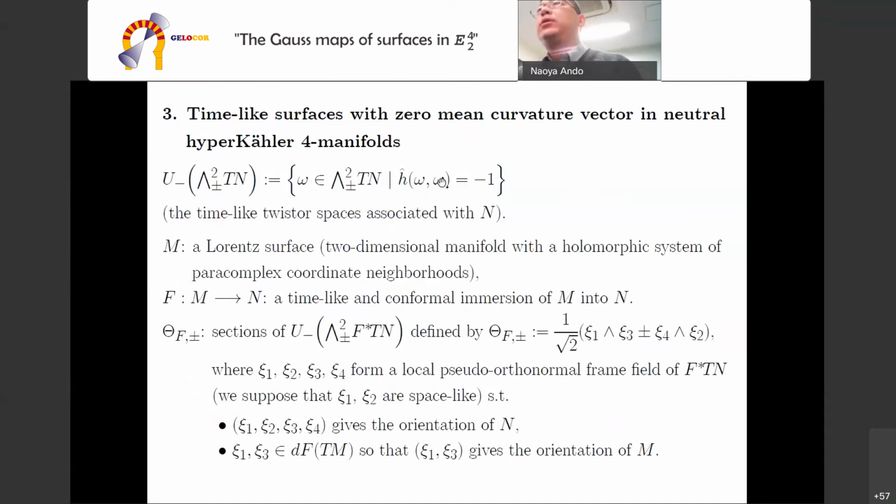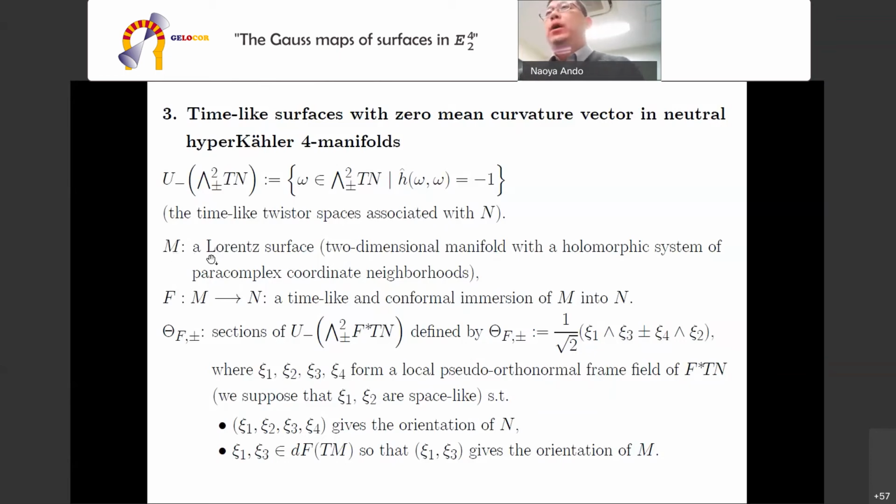Since H hat is indefinite, this value can be negative. We call these fiber bundles the time-like twistor spaces associated with N. Each fiber is given by a hyperboloid of one sheet.